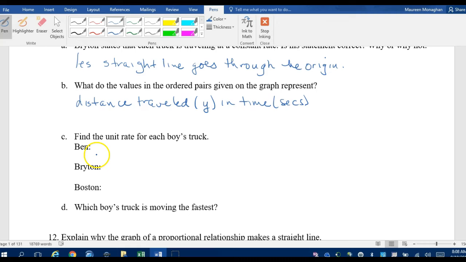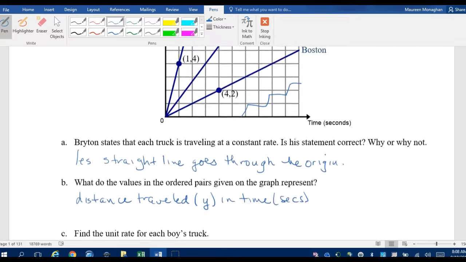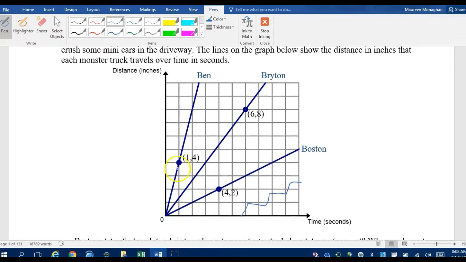Okay, well, let's take a look at Ben. Let's go back up here and take a look. Ben, he is this one here, okay? So this 1, 4 is telling us that the 4 is the inches, so 4 inches per 1 second.